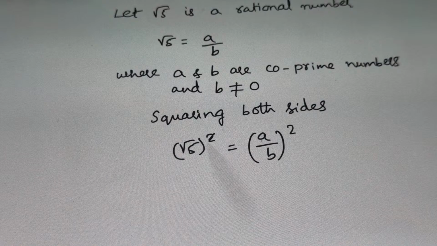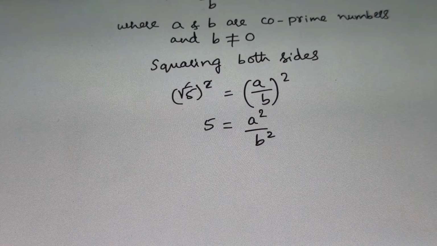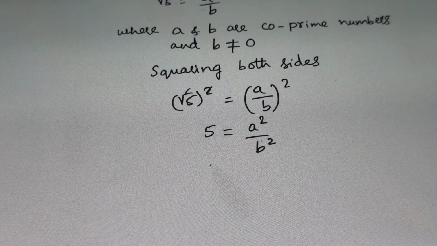So square and square root get cancelled. 5 is equal to a square by b square. Now cross multiply b square. So we get 5b square is equal to a square.